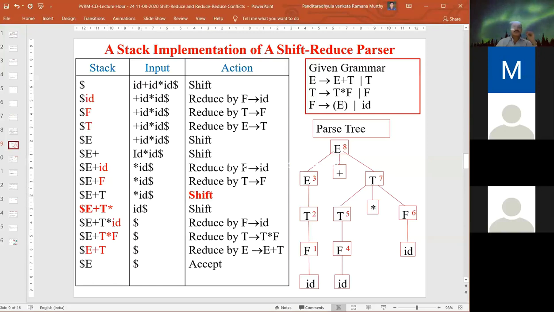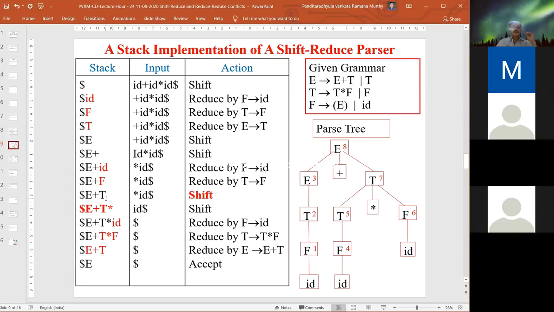Here I made the shift operation in red color so that we can highlight the other type of operation. Here we have E plus T, which we identified on the right side of some production.